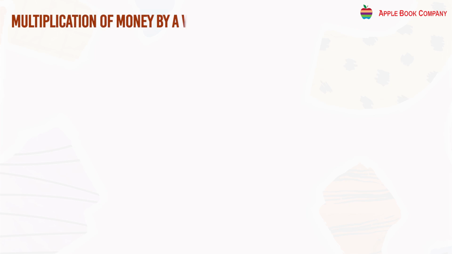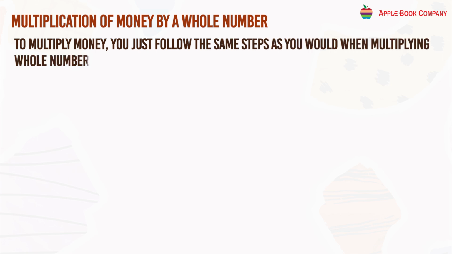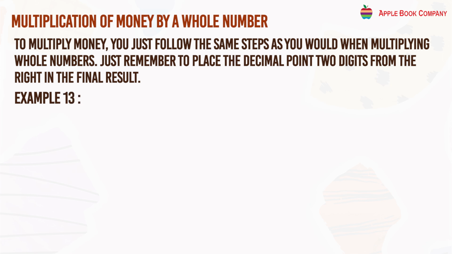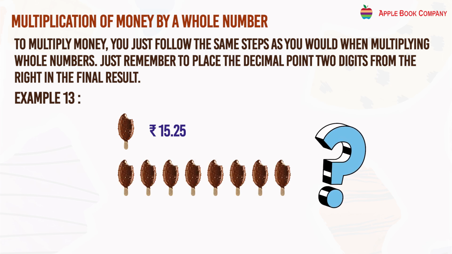Multiplication of money by a whole number. To multiply money, you just follow the same steps as you would when multiplying whole numbers. Just remember to place the decimal point 2 digits from the right in the final result. Example 13. A chocolate ice cream costs Rs 15.25. What is the cost of 8 ice creams?